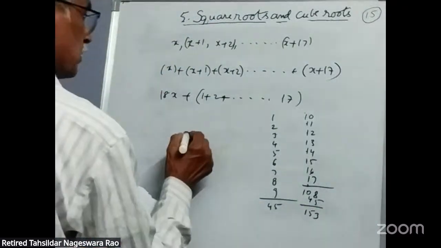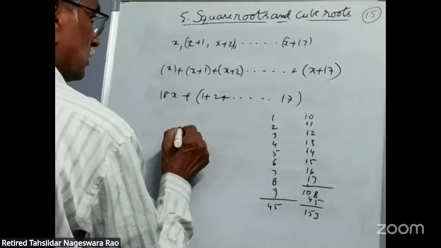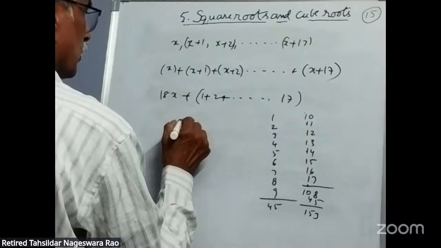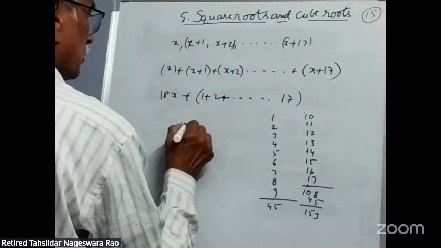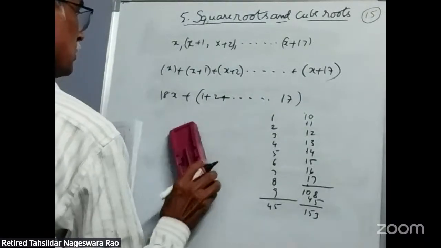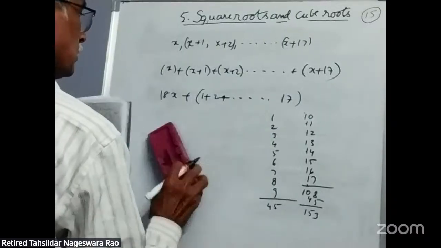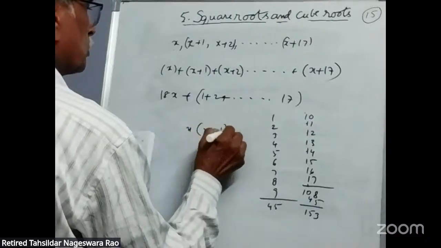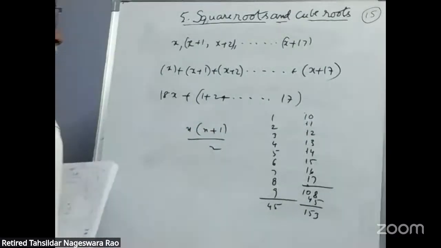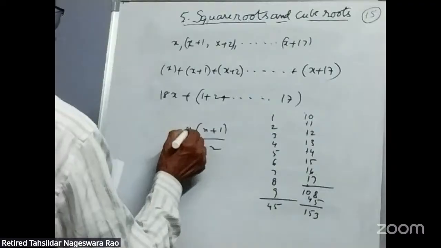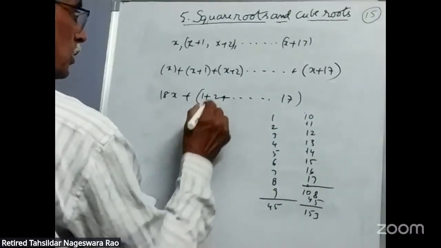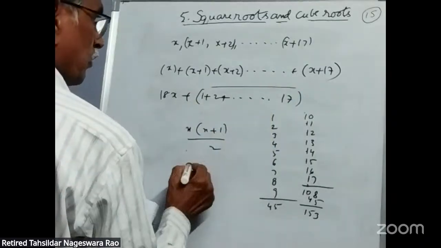There is another method. The sum of n natural numbers formula is n into n plus 1 by 2. The starting number may not be 1 here, but for this one n is 17.